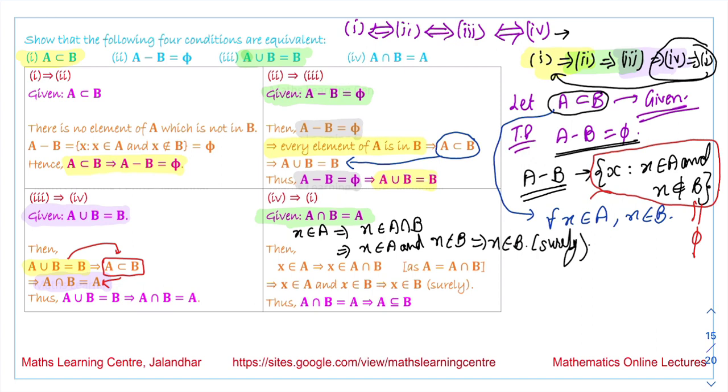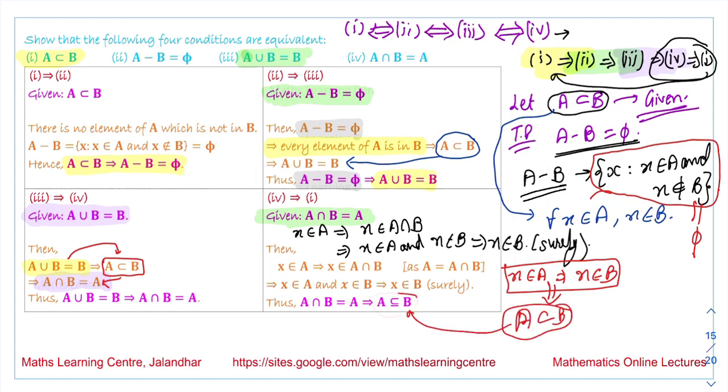So for X belongs to A, we have X belongs to B, and this is the definition of A is a subset of B.